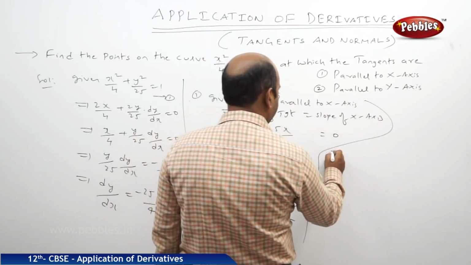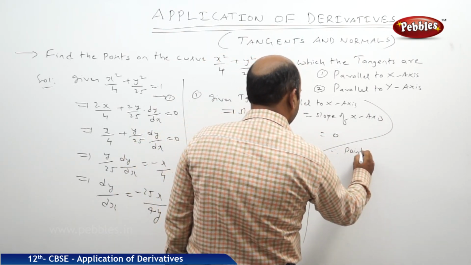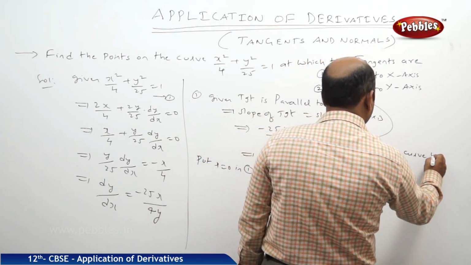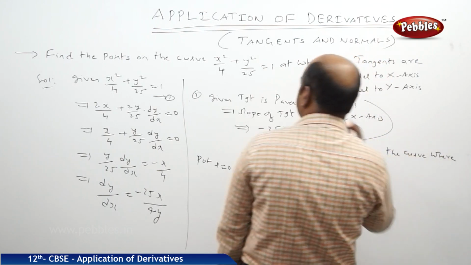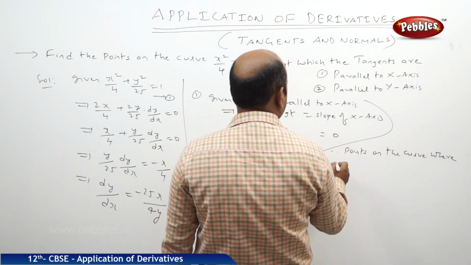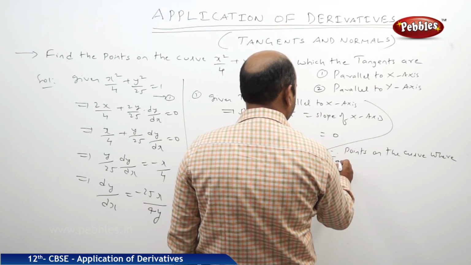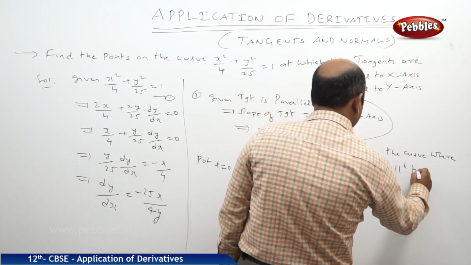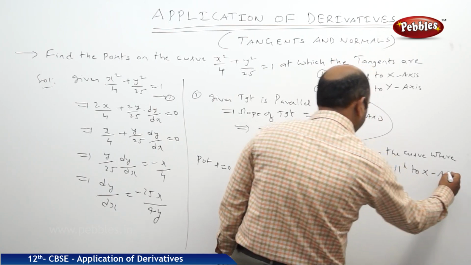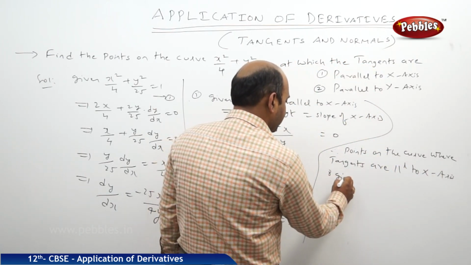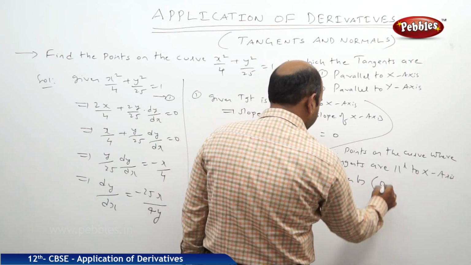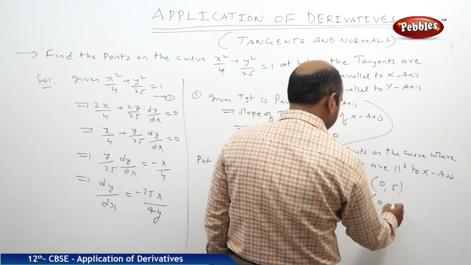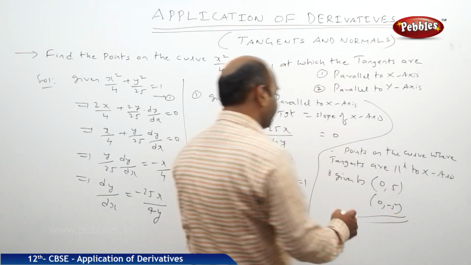Therefore points on the curve where the tangents are parallel to x-axis is given by: when I say plus or minus 5 is there, so one point will be (0, 5) and another point will be (0, minus 5).